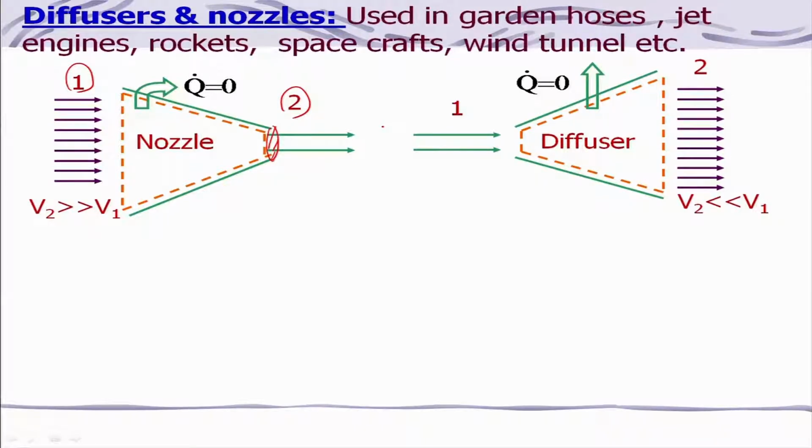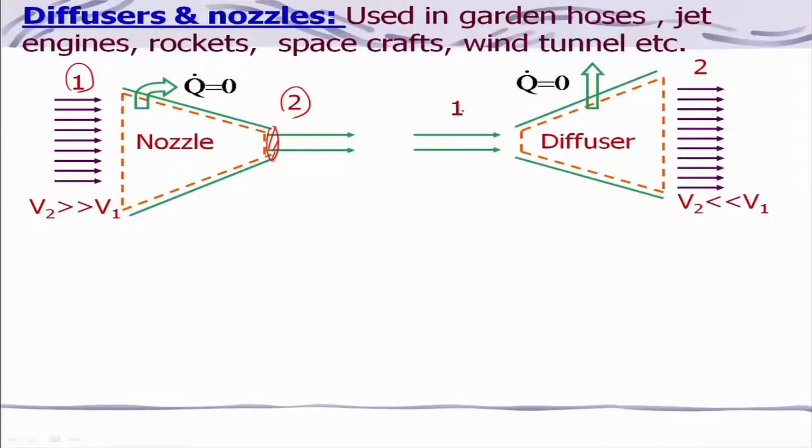Why is it so? Because we know from the continuity equation, yes or no? Okay, we will discuss that. And then similarly, for the diffuser, the fluid will be entering into the diffuser at a very high velocity, and then the velocity will decrease because the cross sectional area has increased here.